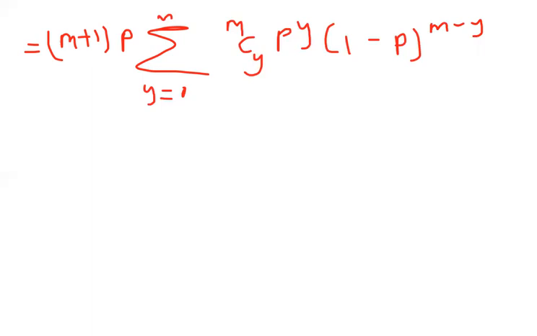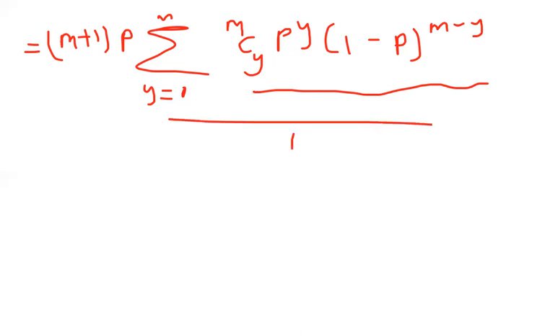So now this expression here is the same as the binomial distribution, right? And in probability theory, anytime that you sum this from 0 up to m, it's always the same as 1. When you sum up probability, it will give you 1, and this is summing up the probability of the binomial distribution. So this expression here is 1. So then I'll have m plus 1 multiplied by p, right?